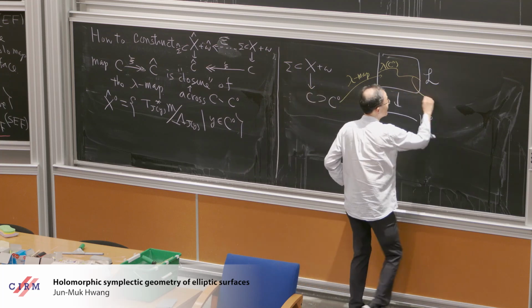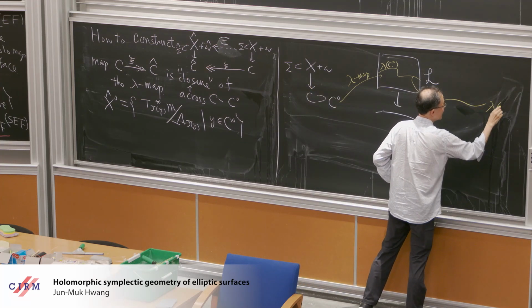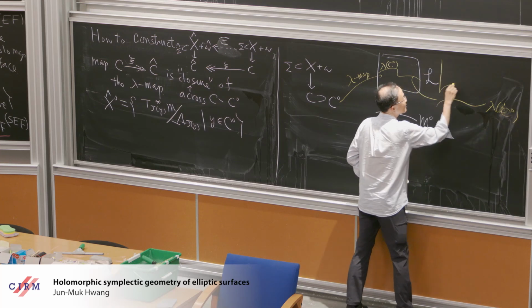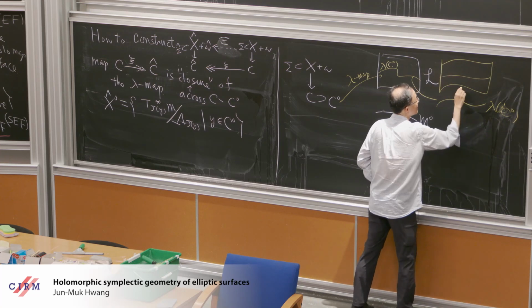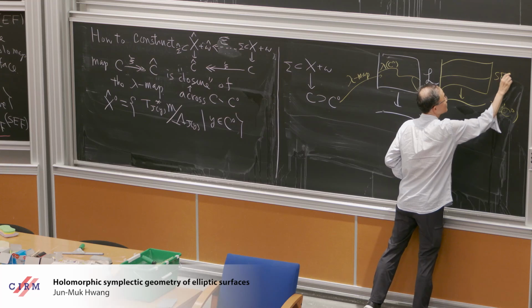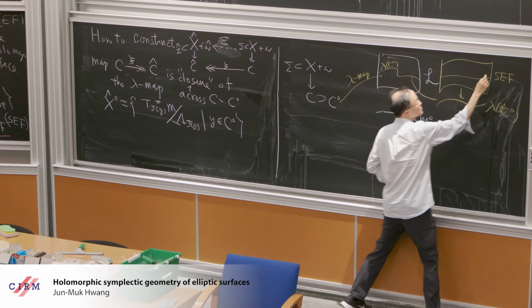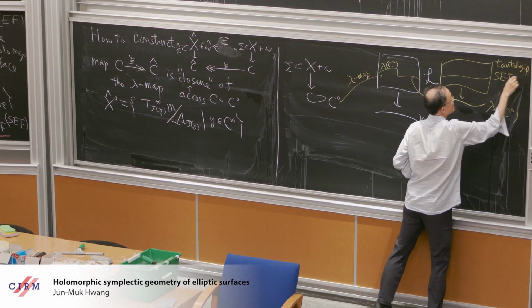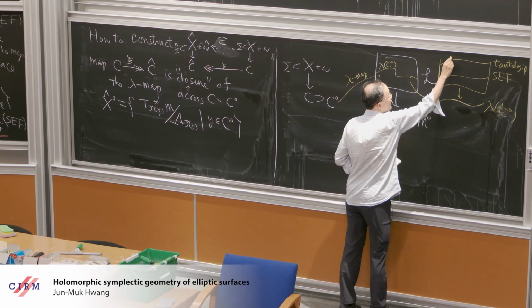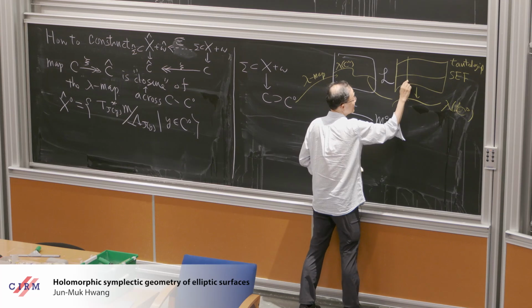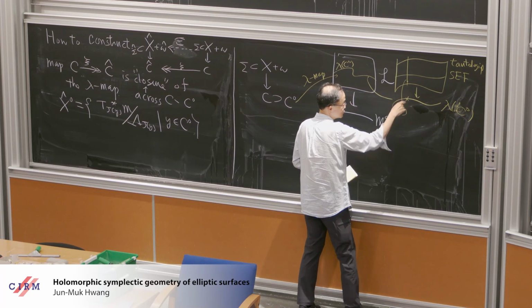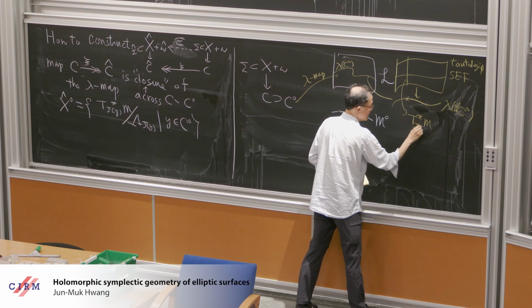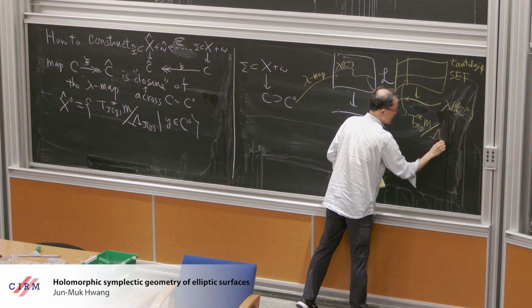So lambda of C0 has a natural, canonical, tautological symplectic elliptic fibration, where each fiber is just T star M modulo lambda.